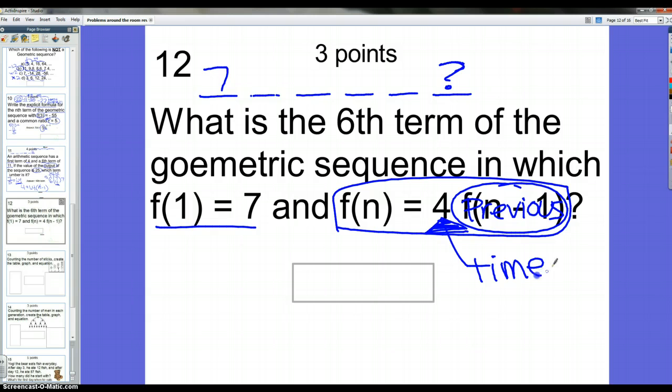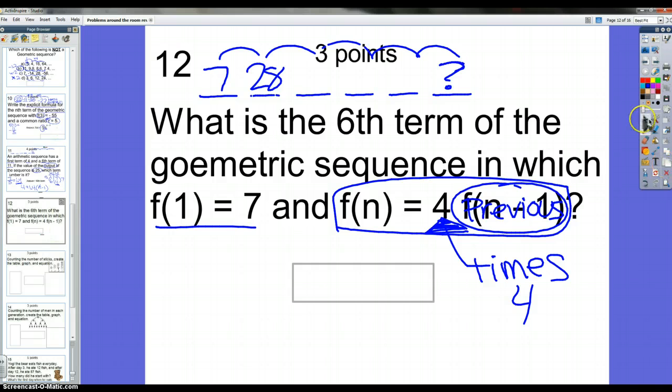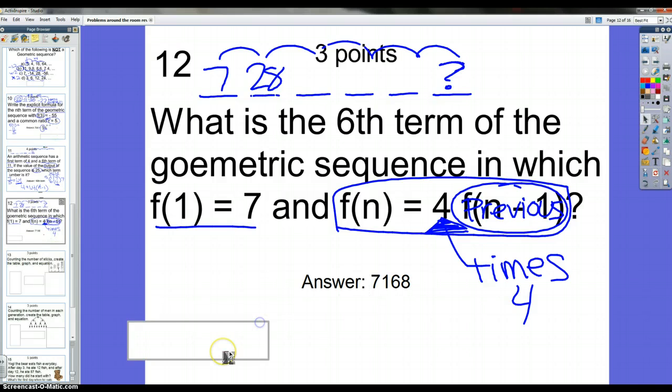That's what that means. So we're going to times 4 here. We get 28, times 4 again, times 4, times 4, and do it one more time. If we keep going with that timesing 4, the sixth number is going to end up being 7,168.